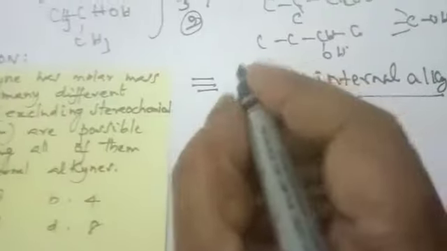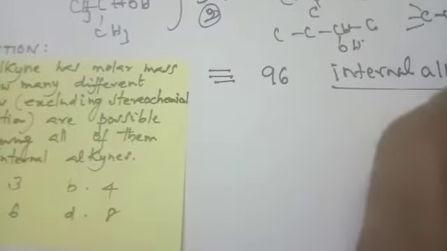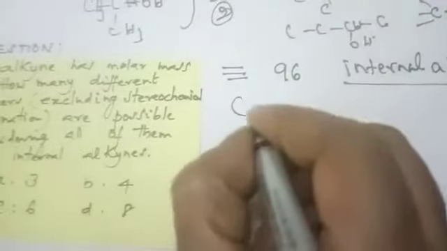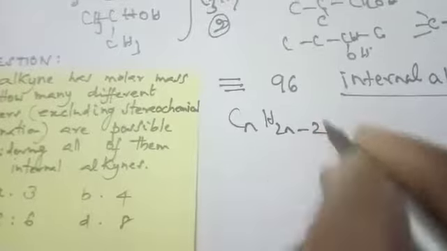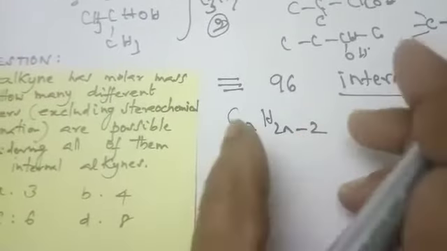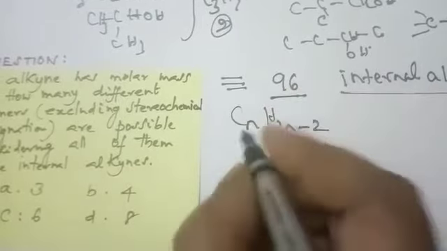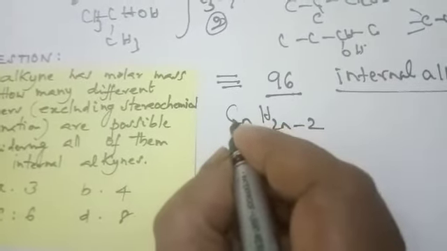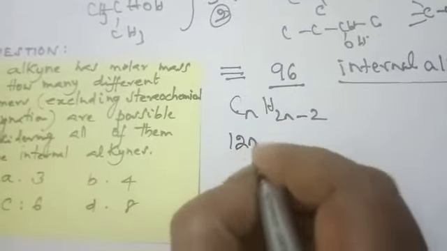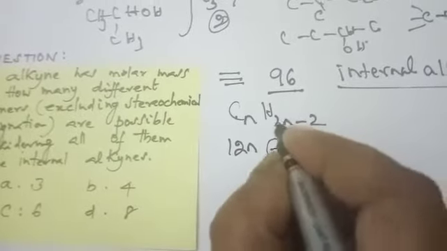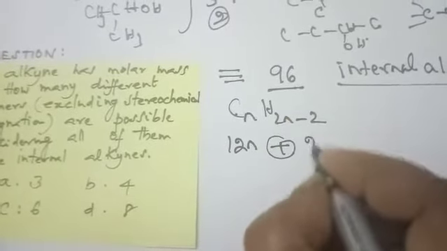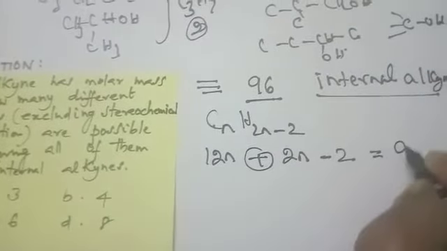Now let us see first. The alkyne formula is CnH2n-2. This is the general formula. Now we have to develop the formula for 96. Carbon atomic mass is 12, so 12n plus hydrogen 1 into (2n-2) is equal to 96.